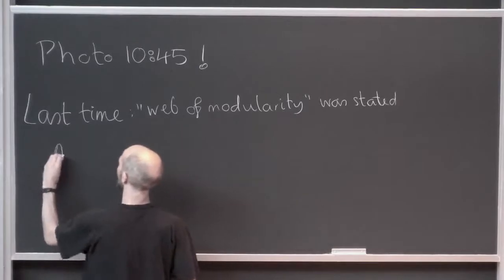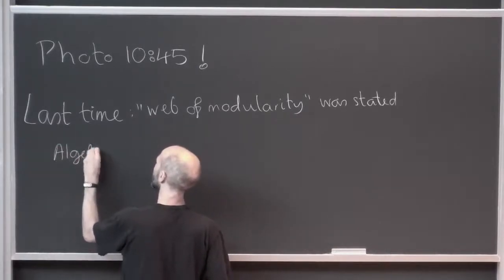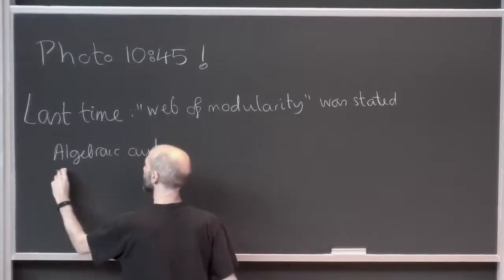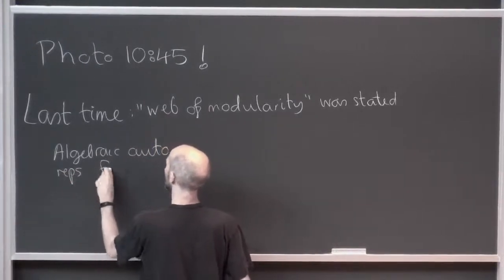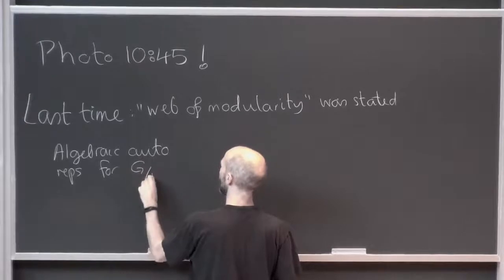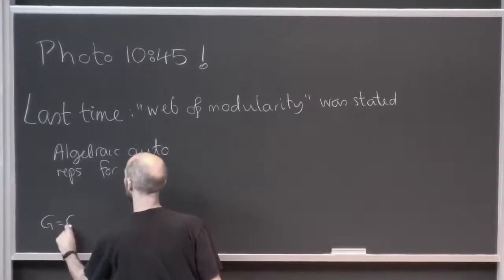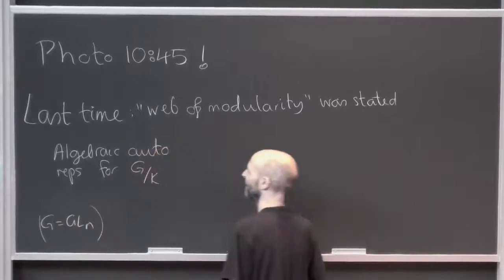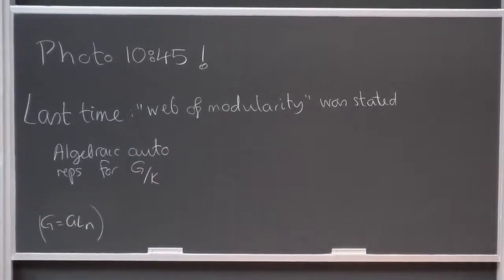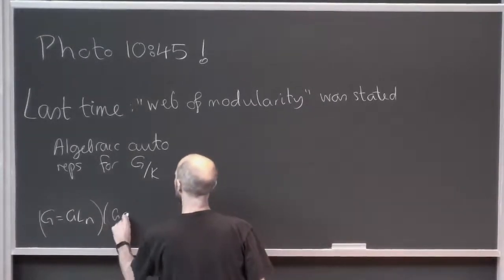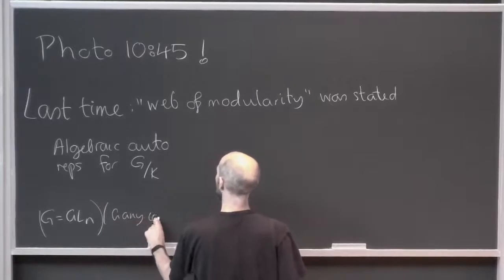There were algebraic automorphic representations for some G over K. So G is whatever. G is GLN if you like. But let me tell you the full truth: G can be any connected reductive group.